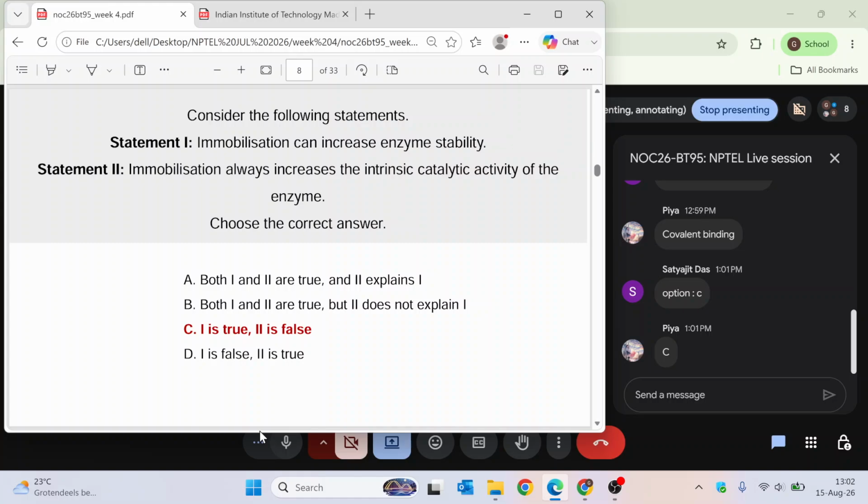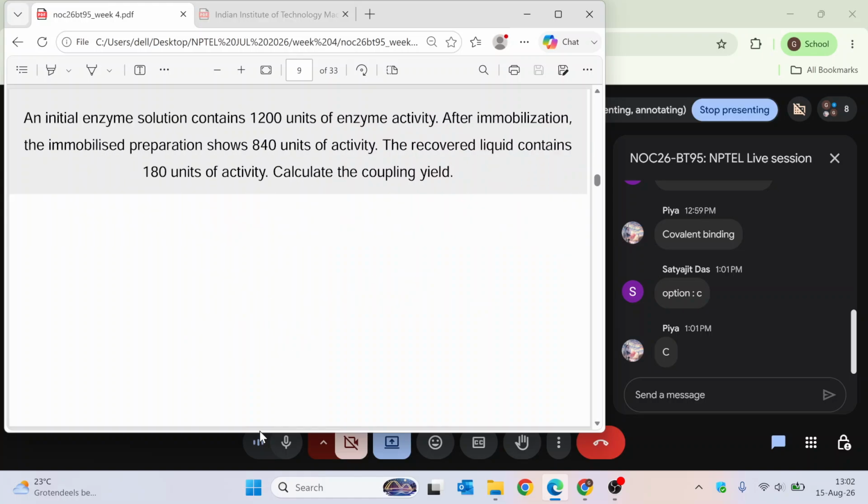Exactly. Immobilization can increase enzyme stability, whereas it does not always increase the catalytic activity. Like we just saw, the catalytic activity may be reduced because of chemical modification.